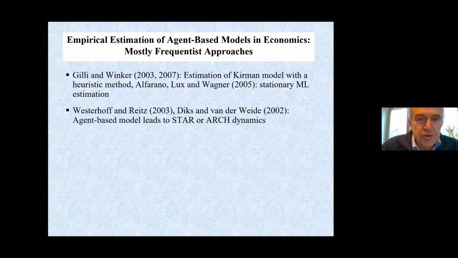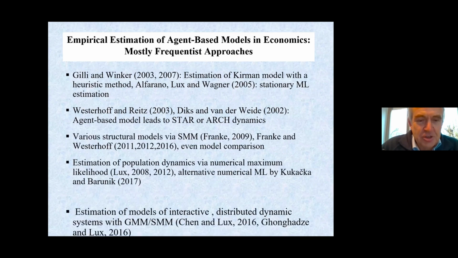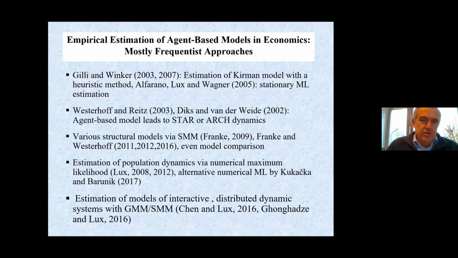There is a certain literature already. Let me shortly go through that on estimation of agent-based models. The earliest contributions stem from the early years after 2000. I think the first one is Gilli and Winker, simultaneously with Westerhoff and Reitz. They apply different methodologies.